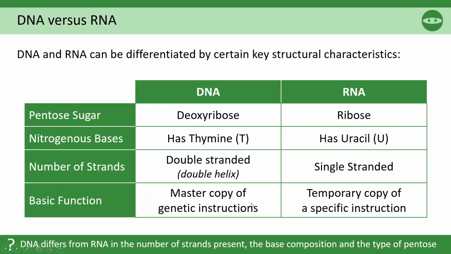It's the master copy of genetic instructions; the full copy of all instructions inside the cell is present in DNA, while RNA is only a temporary copy of specific instructions that is used as a template to synthesize proteins.